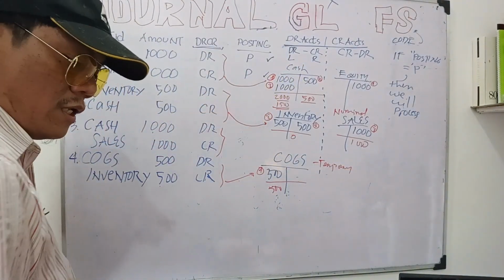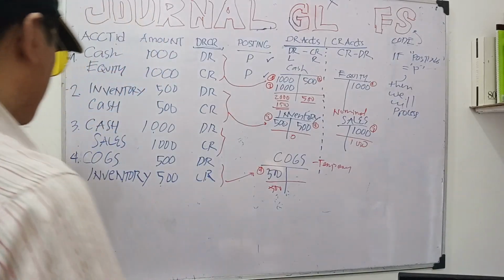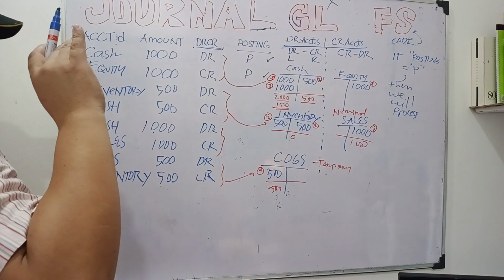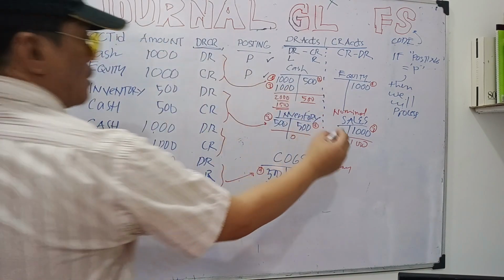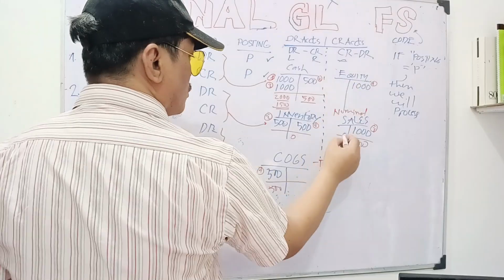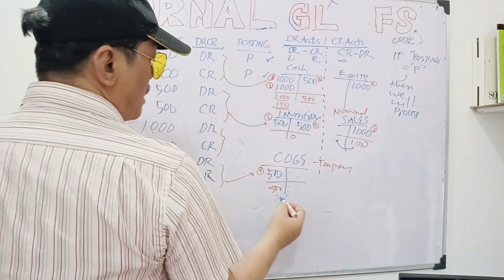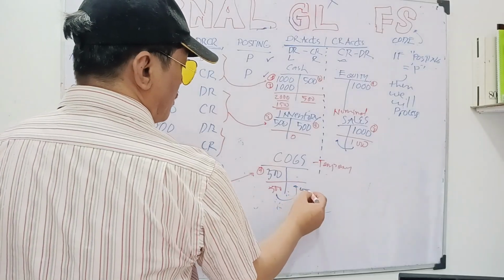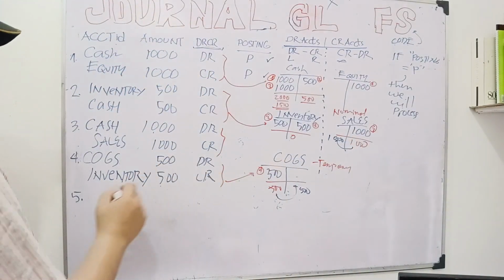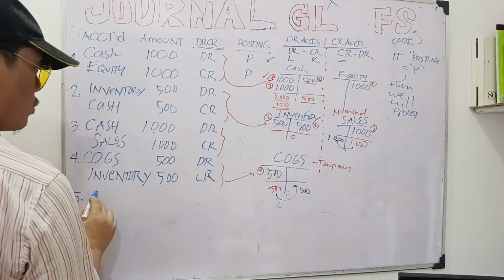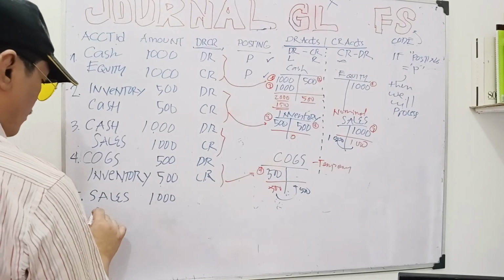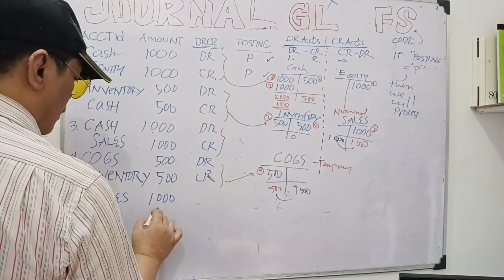So in accounting we have what we call the closing entry. We will close this nominal account by debiting it if it is a credit account, and crediting it if it's a debit account. As simple as that. So what we have now is sales; we debit that, which means we close that, and we have the cost of goods sold, 500.